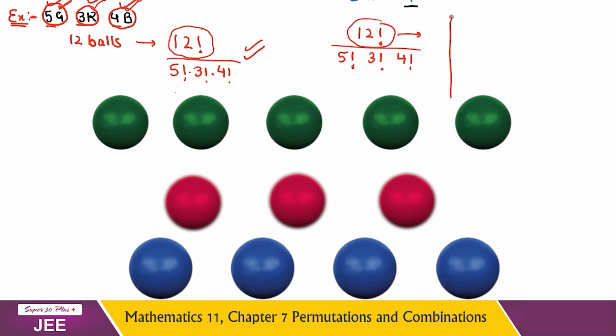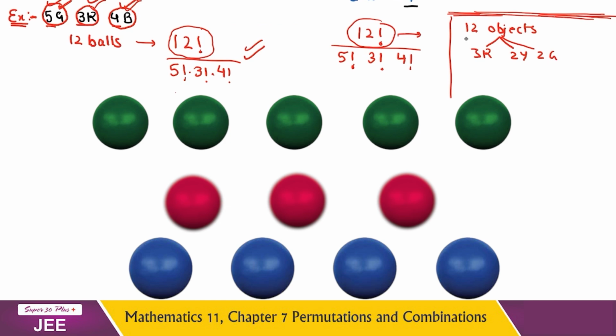If we have total 12 objects, not all are distinct, and out of these 12 I have 3 red balls and 2 yellow balls and 2 green balls. So in how many ways can all the 12 balls be arranged?